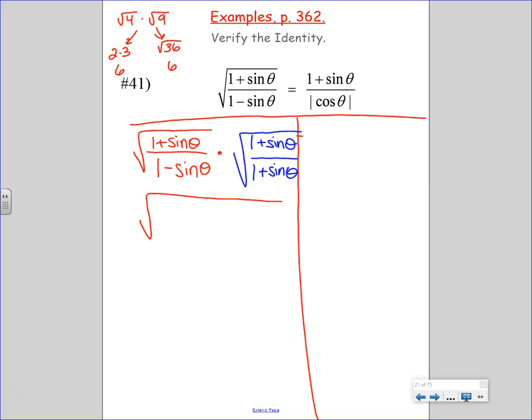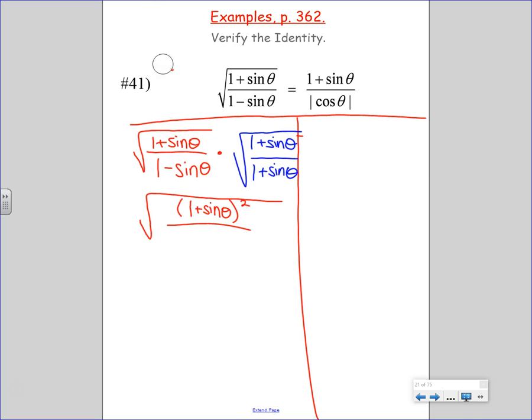I'm allowed to multiply square roots together. I'm allowed to divide square roots too. So I'm allowed to make one big square root and say, oh, hey, you're joining forces with you? Cool, that's going to be 1 plus sine times 1 plus sine, aka 1 plus sine squared. I'm allowed to join square roots together like I'm doing here.